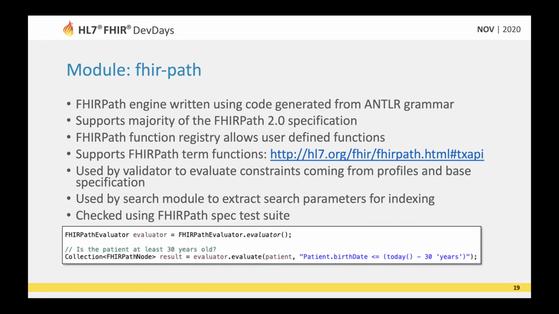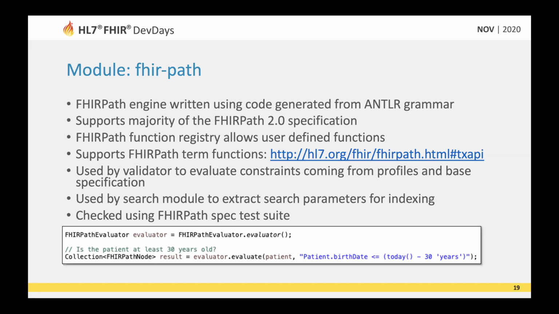We leverage that to evaluate FHIRPath expressions. We support the vast majority of the FHIRPath 2 specification with a couple of exceptions. We have a FHIRPath function registry that allows for user-defined functions. It also implements most of the functions that are part of the spec. We support the FHIRPath terminology functions.